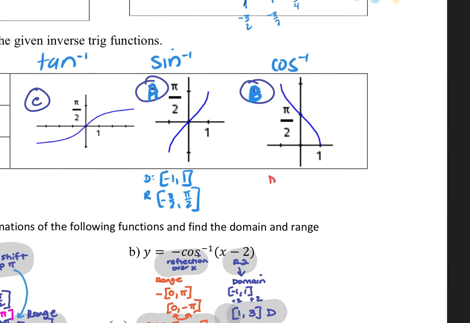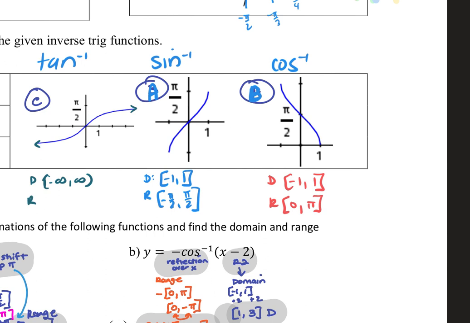Cosine, the domain goes -1 to +1, same domain. Range goes 0 to pi, which is what we restrict cosine to. And then tangent, domain, these are arrows, so these are your all real numbers, or -infinity to +infinity.